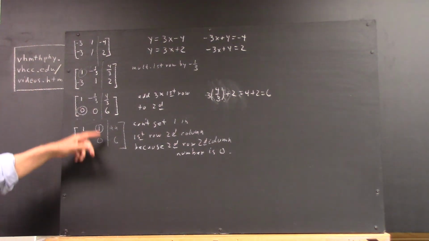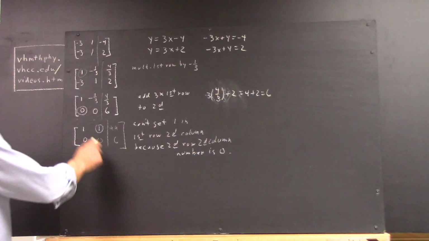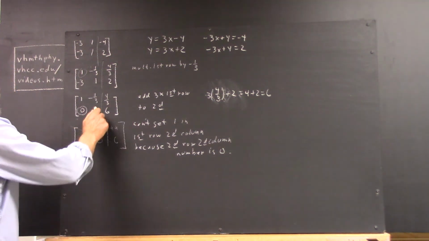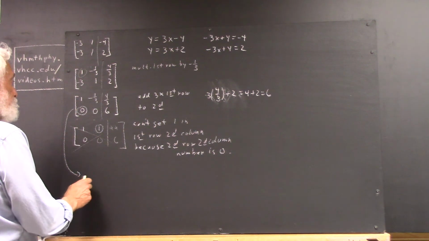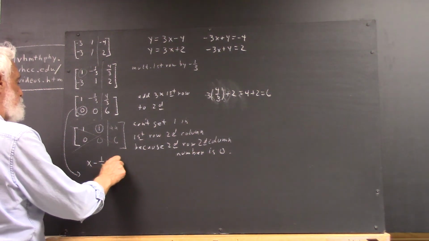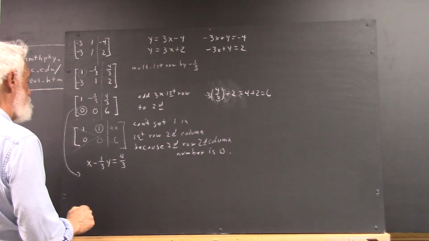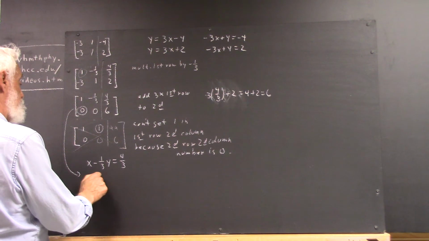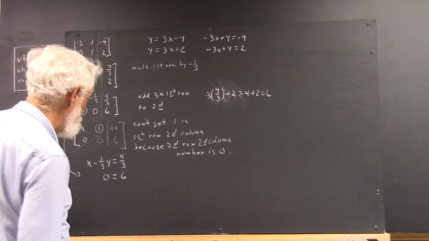No multiple of 0 can be added to negative 1/3 to give us 0. So we're done. And now our system tells us that x minus 1/3 y equals 4/3, and 0 equals 6. Okay?